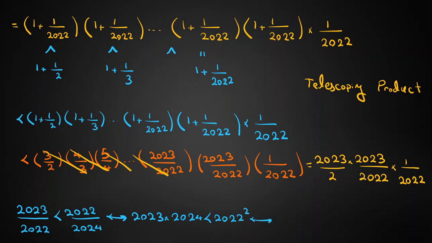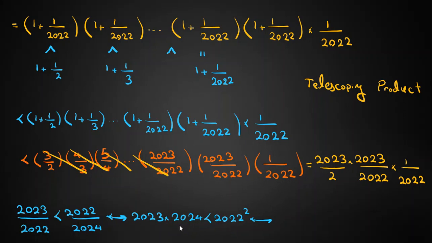The sum of 2023 and 2021 is 2022 plus 2022. When the numbers are near to each other, the product is greater. The reason here is what?